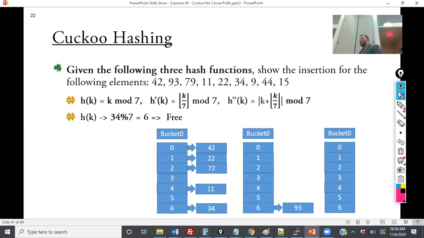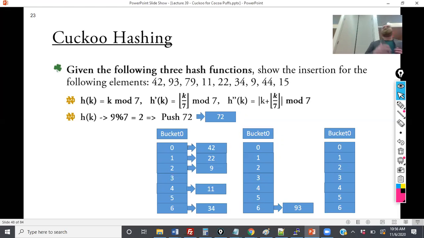So what do you think is going to happen here? Any ideas? We have a comment in the chat. Replace 72, very good. So we're going to replace 72 and move it up. So now 9 is at that location in the hash. So now what do you think is going to happen?